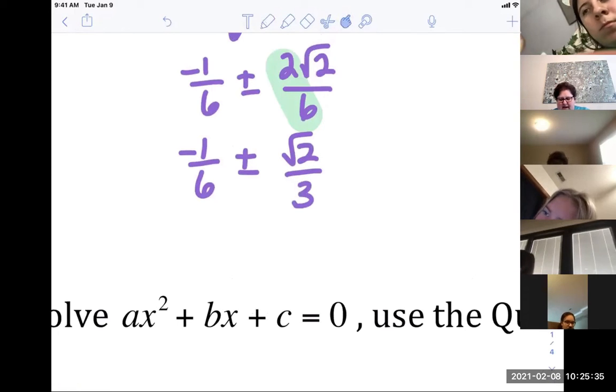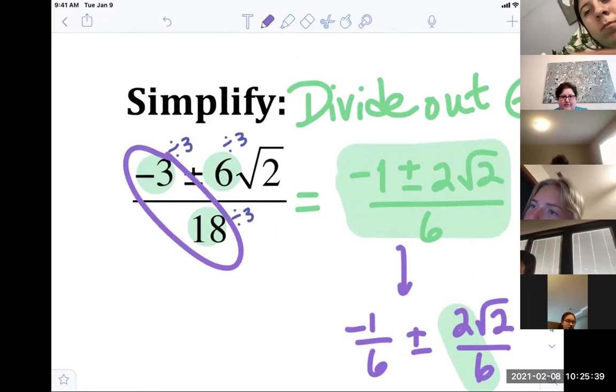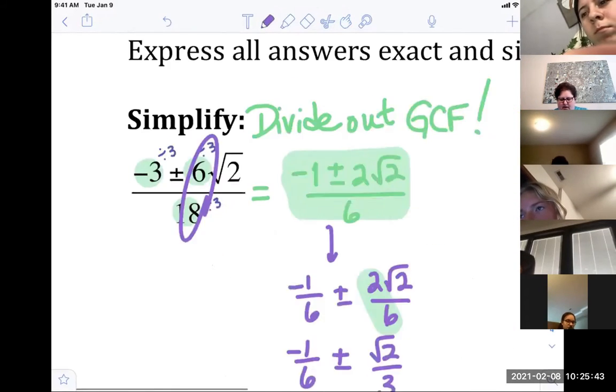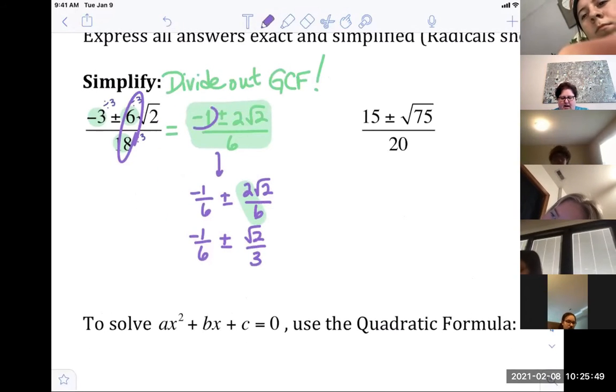So when you look back at the original problem, that is a -1/6, and that is a 1/3, right? So that number in the front here cannot divide out because it's not going to disappear, because it's representing an actual part of the answer.